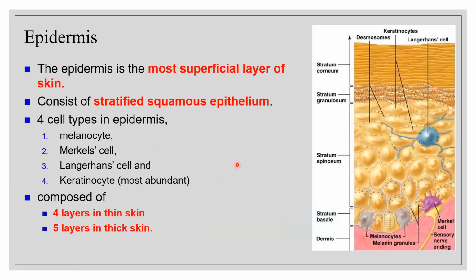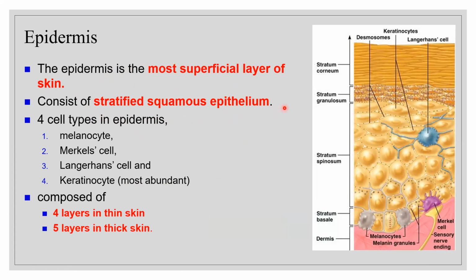The epidermis is the most superficial layer of skin. This is the dermis, and this is all epidermis. It consists of stratified squamous epithelium. You have to know this. You have to memorize this. The epidermis is made of stratified squamous epithelium.